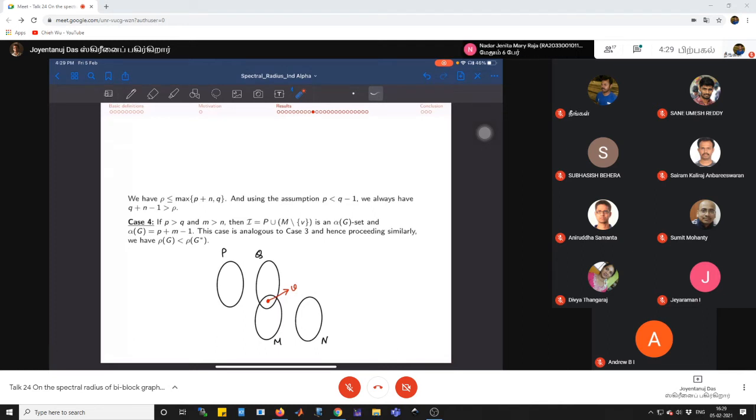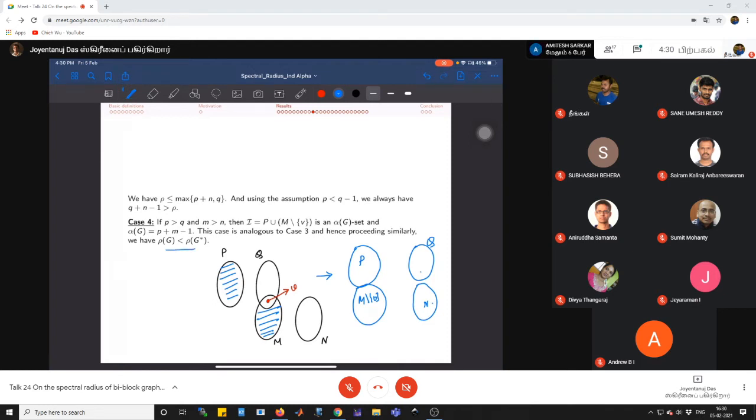Next we move to case 4. Case 4 is P strictly greater than Q and M strictly greater than N. Here also I cut off M from Q. So here will be P, this is M minus V, and this partition is Q, and Q contains the vertex V. You can see this part is analogous to case 3, so I am not doing it.